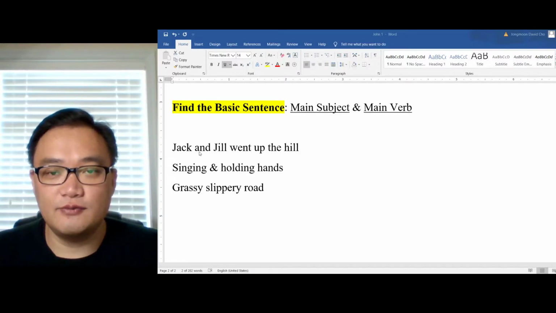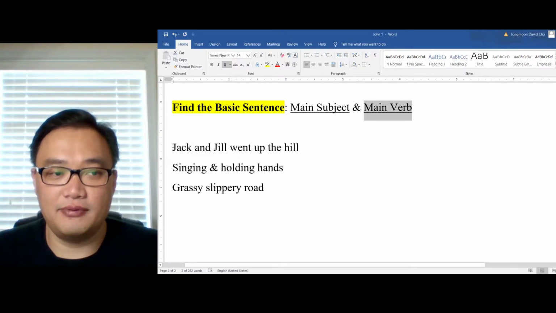And so, for instance, we're going to look at this very well known nursery rhyme. It says, Jack and Jill went up the hill. And the next line says, singing and holding hands. That phrase is describing how Jack and Jill went up.